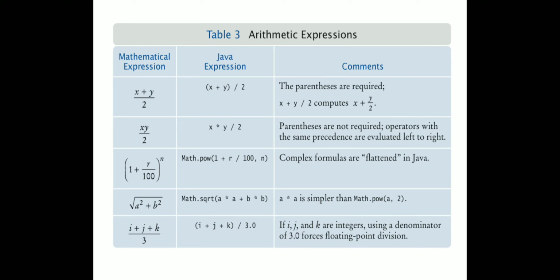The fourth one is the square root of a raised to 2 plus b raised to 2. In Java we can write it as Math.sqrt(a * a + b * b). Here a * a means a raised to 2, and b * b means b raised to 2.